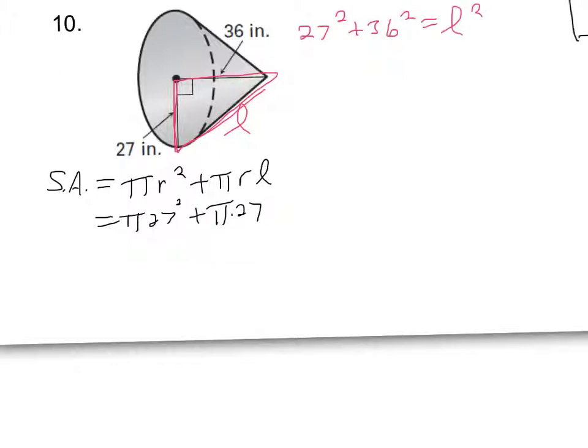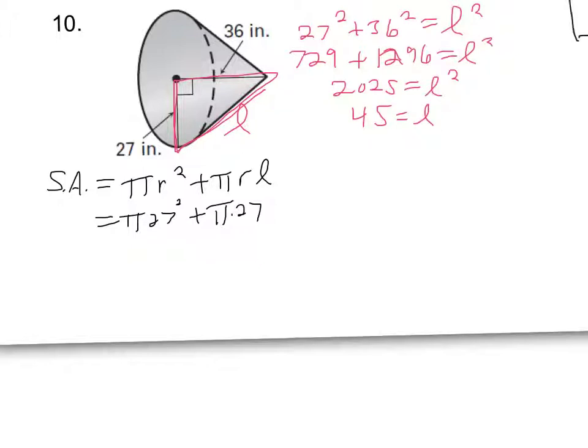So 27 squared is 729. 36 squared is 1,296. If you add those together, you get 2,025. And if you take the square root, it actually comes out evenly to 45. So the slant height is 45. That's what's going to go right here.